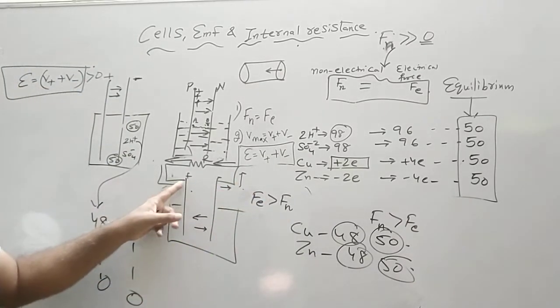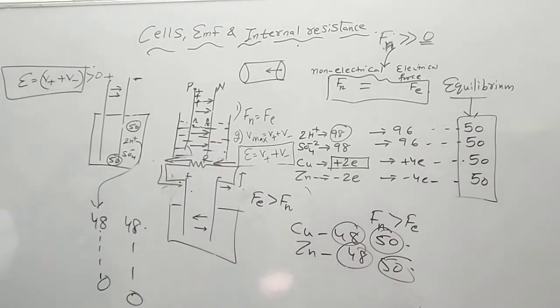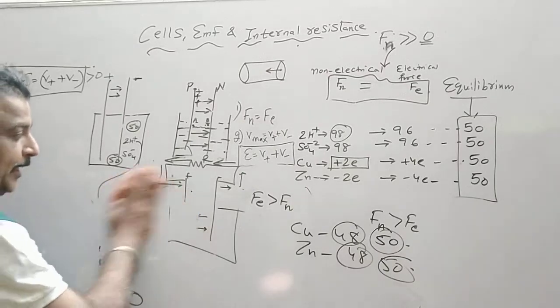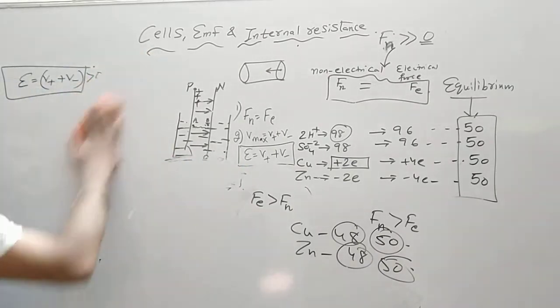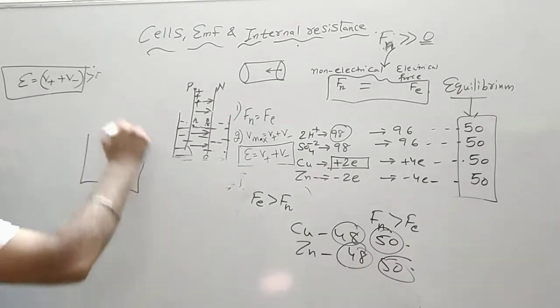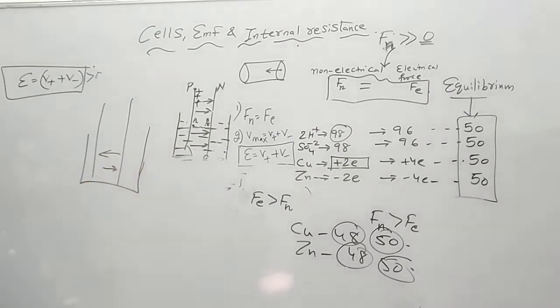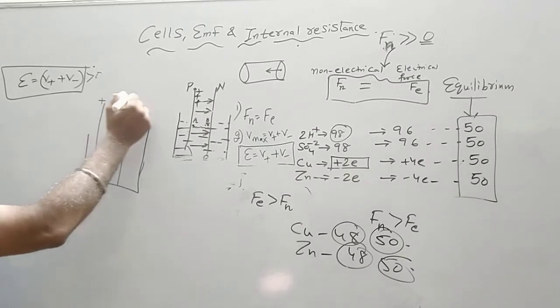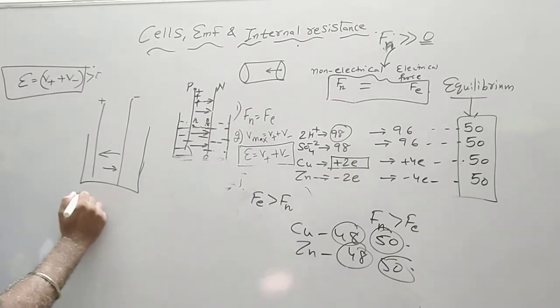So when this cell is in a closed circuit condition, that means when the cell is connected to any device, and the motion of ions again starts inside the cell, they find an opposition from the positive and negative electrodes, and it is called internal resistance.